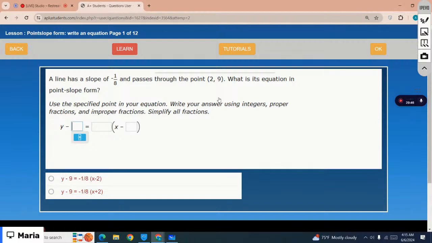You are given the slope that is -1 over 8 and the point you are given is 2, 9. Got it? You have to write down the equation. So x1 is 2, y1 is 9, and the slope is -1 by 8. So which is the correct option?